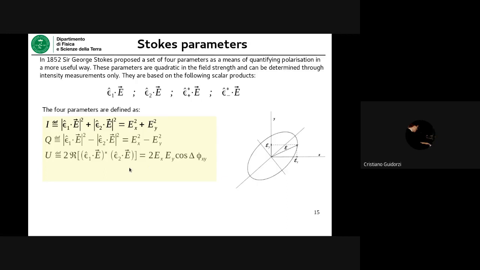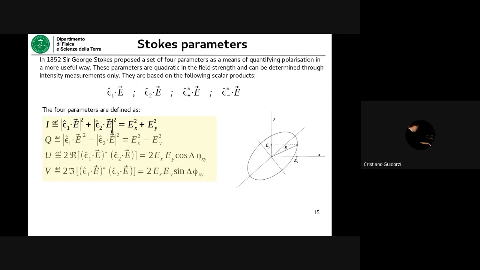And instead, the fourth parameter is called V. By definition, you take the very same guy as before for U, but instead of taking the real part, this strange I means take the imaginary part, twice. So again, having to do with an exponential of an imaginary quantity, in one case you take the real part and end up with the cosine of an angle. In this case, you take the imaginary part, so you end up with the sine of the same angle. So it's straightforward, but make sure you can prove these equalities.